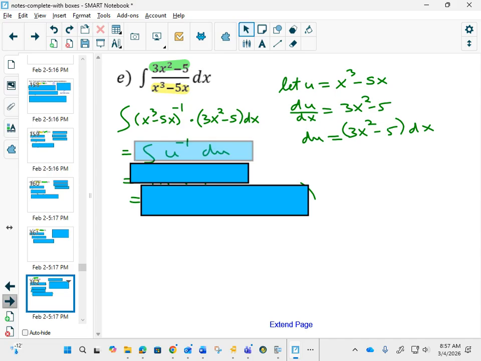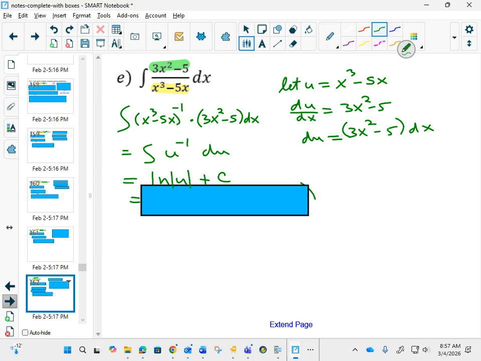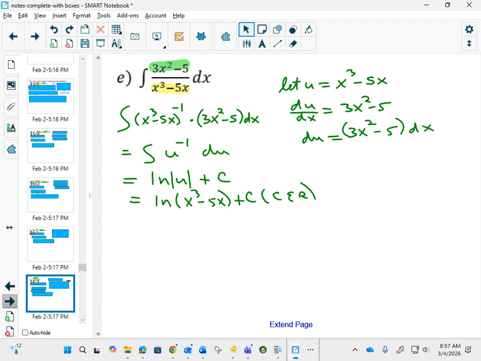so I change that, I get a u to the minus 1. Or you could have kept it as 1 over u, but either way, you're going to get the natural log. Because the integral of 1 over u is the natural log. And then when we substitute back in, technically I should have absolute value bars around that.